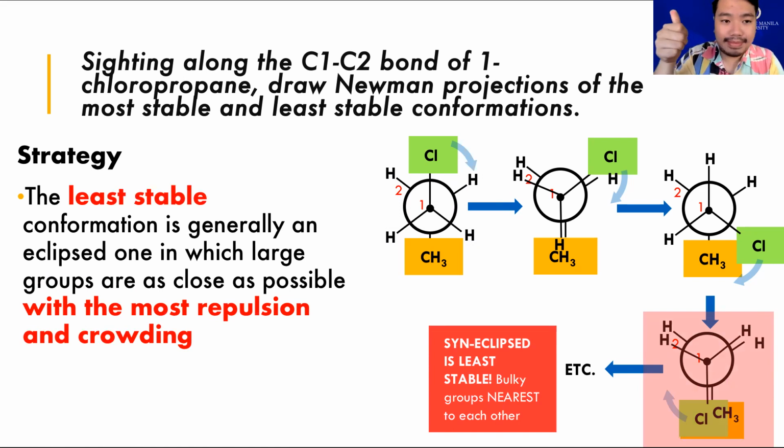Okay? Kaya? So you might ask, sir, why are we doing this? Why are we trying to visualize the different forms of a certain molecule with bond rotations? Now, when you go into biochemistry, you'll learn about proteins as one of the major building blocks of life, diba? And proteins will have a lot of these amino acids in long chains.